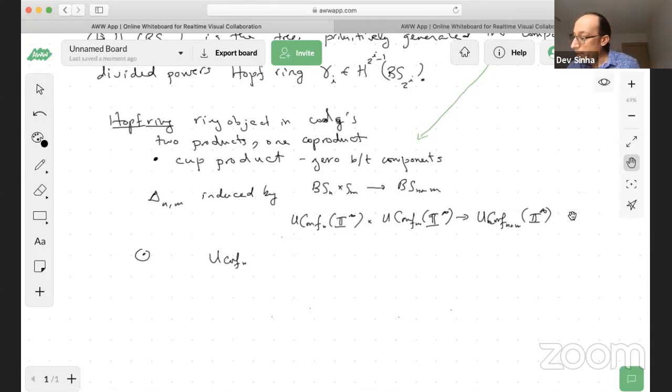So there's a space that let's just call Conf(n,m), where these are bicolored configurations.